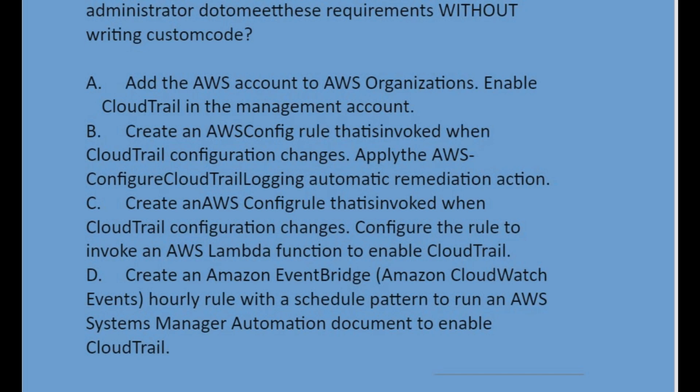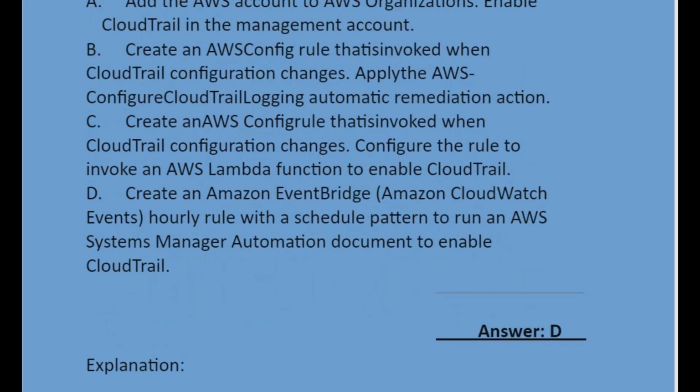Configure the rule to invoke an AWS Lambda function to enable CloudTrail. Option D. Create an Amazon EventBridge, Amazon CloudWatch Events, hourly rule with a schedule pattern to run an AWS Systems Manager automation document to enable CloudTrail. Correct answer is option D.